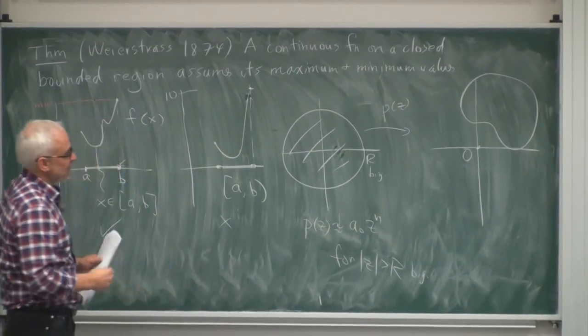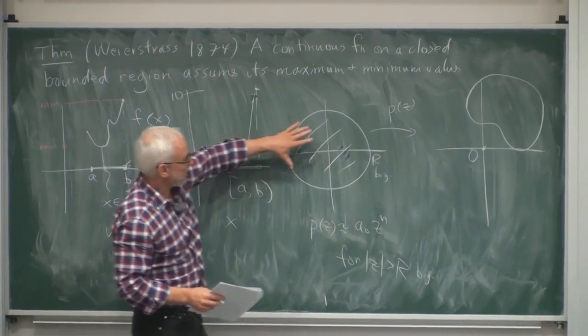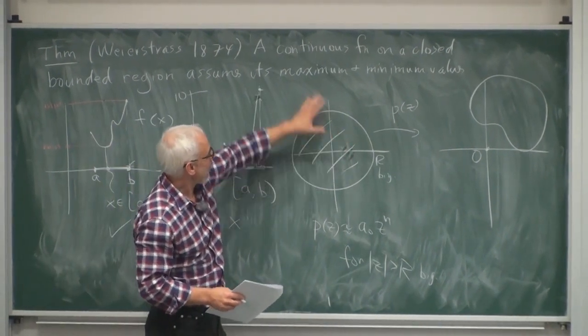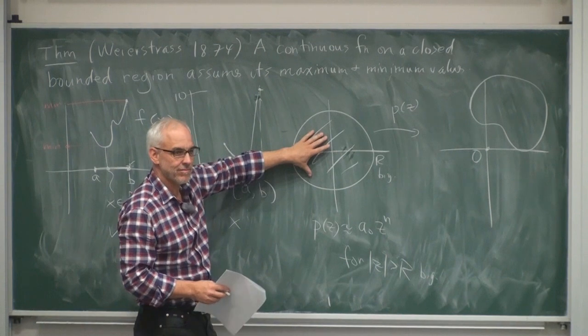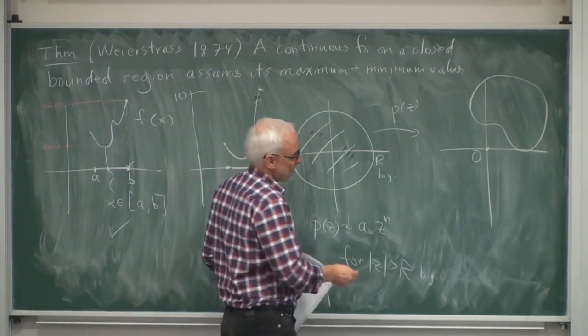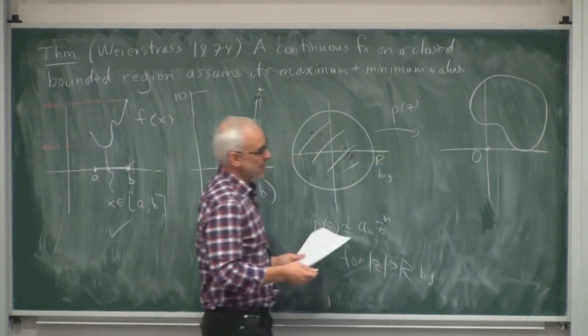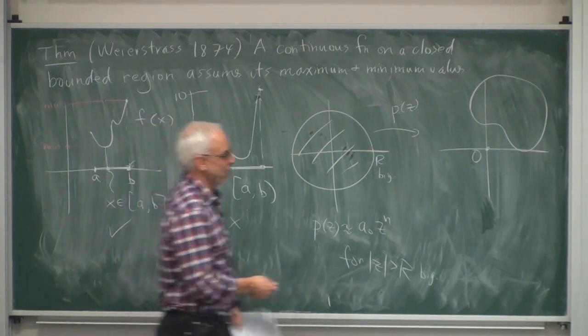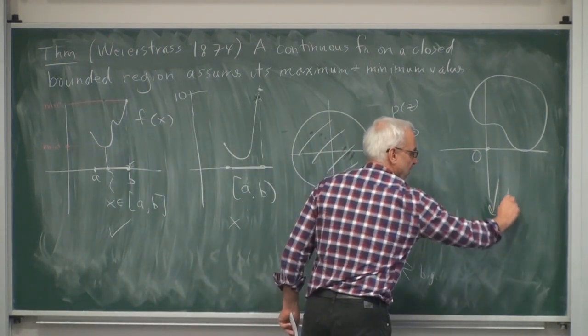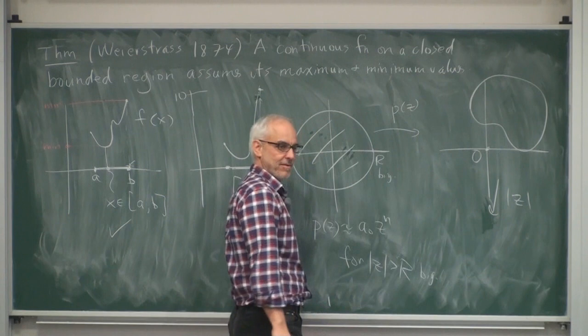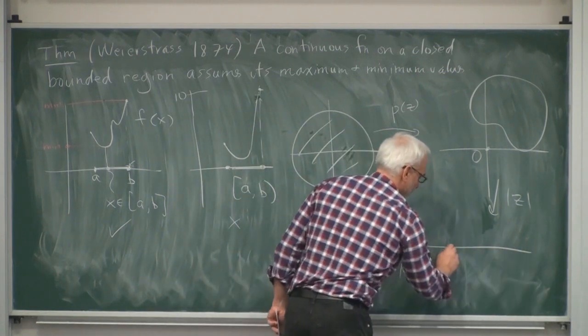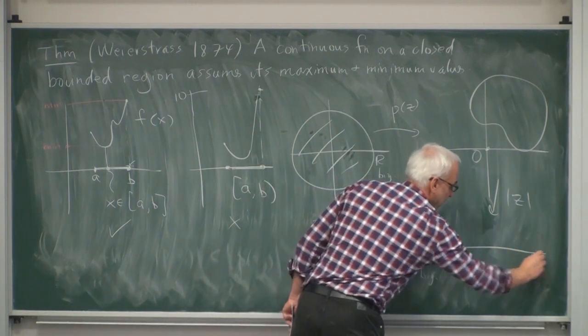Well, then D'Alembert says, okay, well, this is a closed, bounded region. So if we think about defining the absolute value function, so we combine this with the absolute value of z, that will map us to just the ordinary real line.